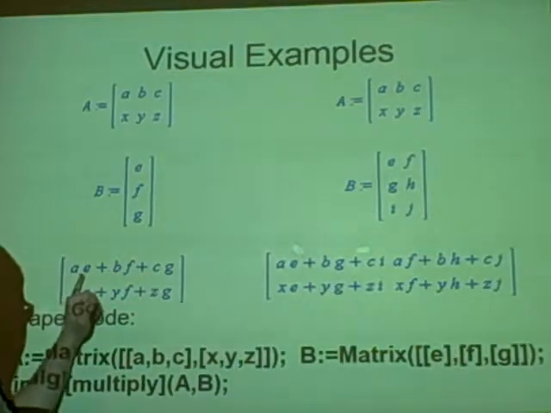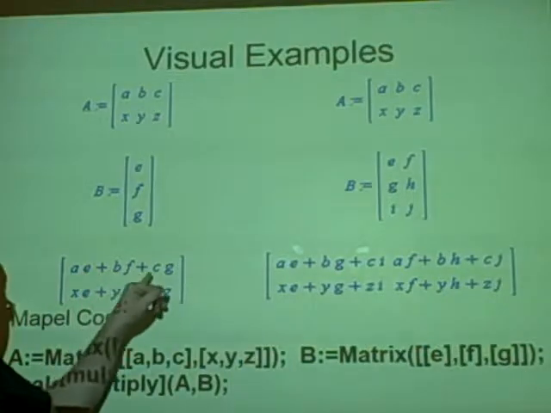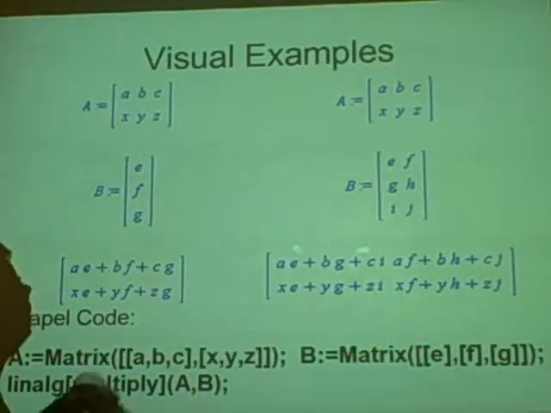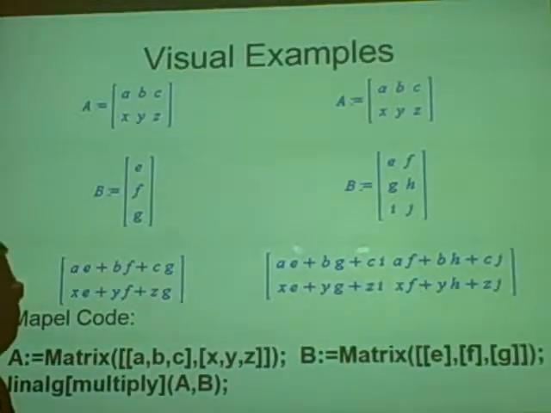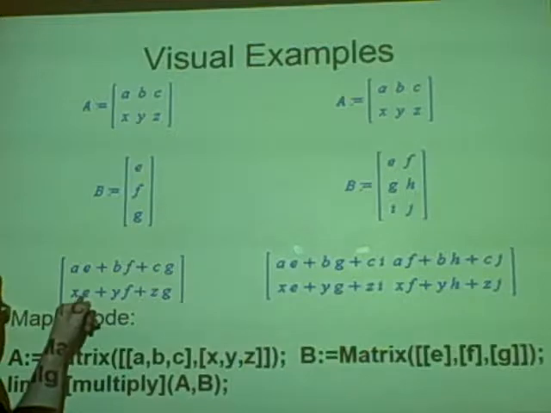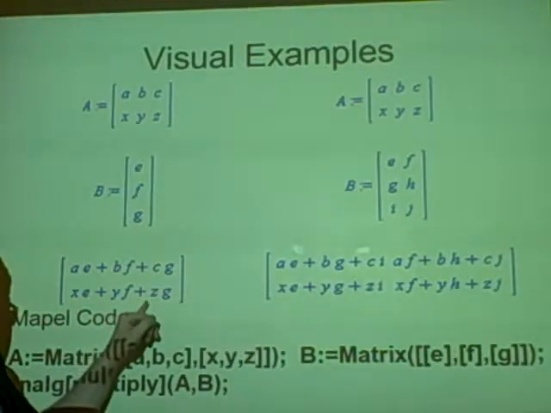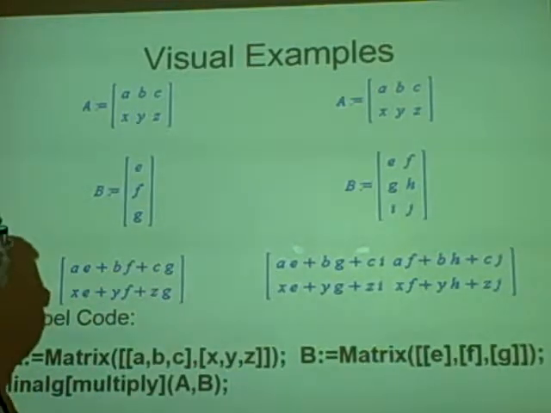So that gives us AE plus BF plus CG on the top, and XE plus YF plus ZG.